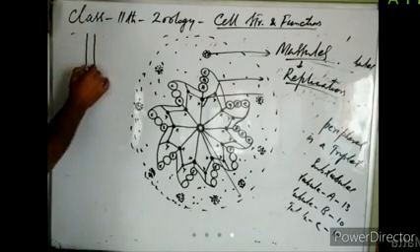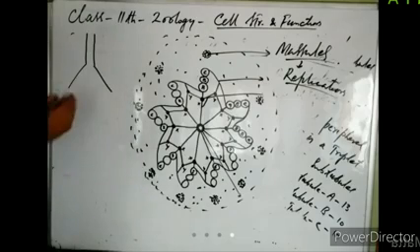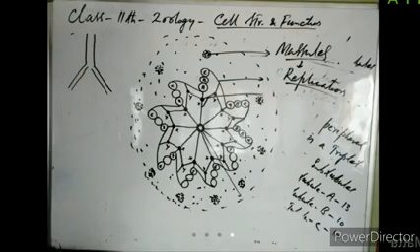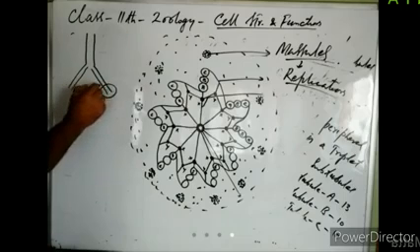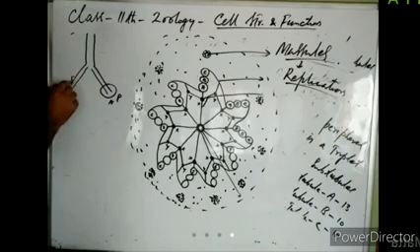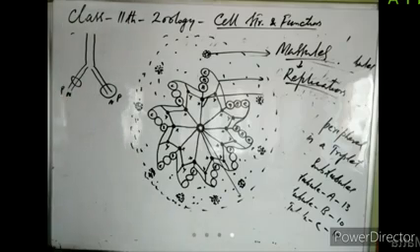They separate from each other. Then on this strand, one new strand is formed, and on this strand, another new strand is formed. So this will be the new DNA having one parental strand and one new strand. This will be another new DNA molecule having one parental strand and another new strand, right? So one of the parental strands is conserved.